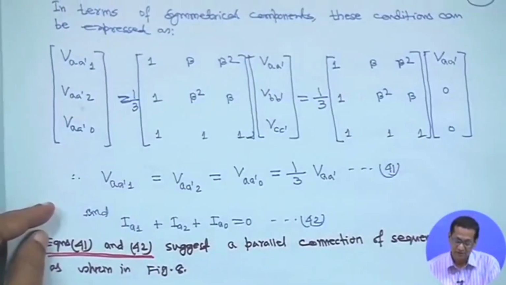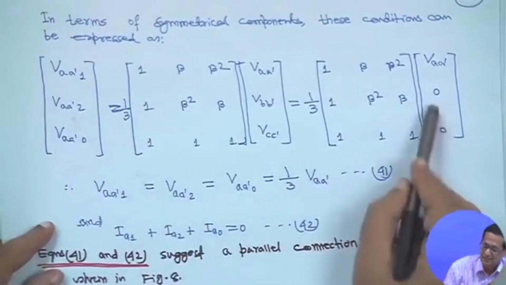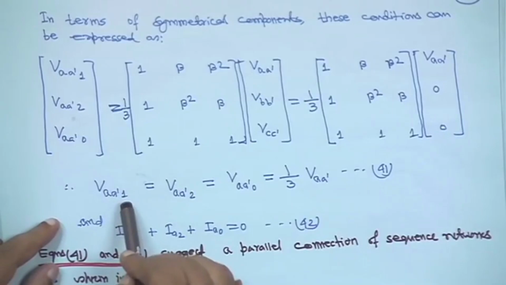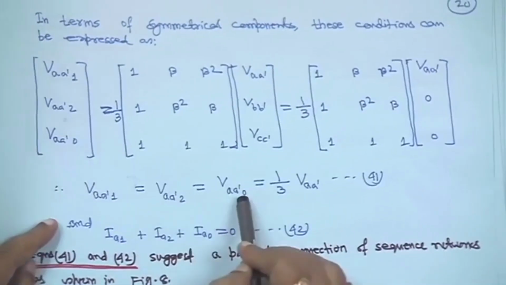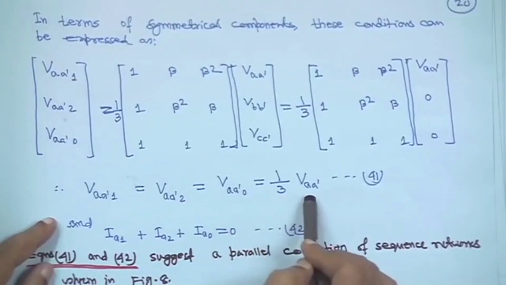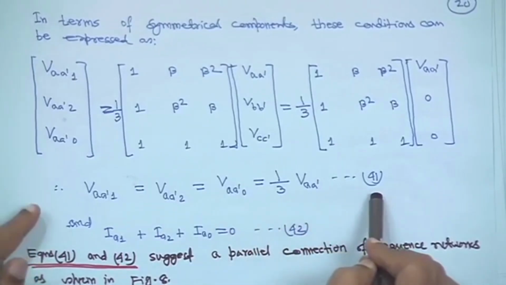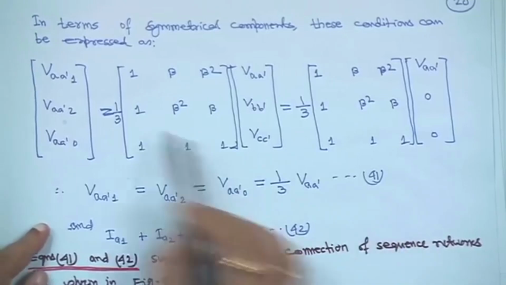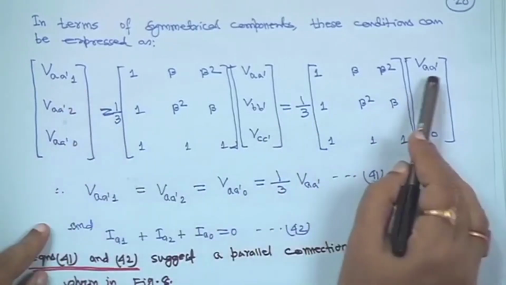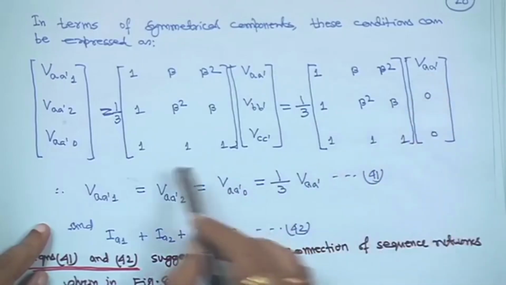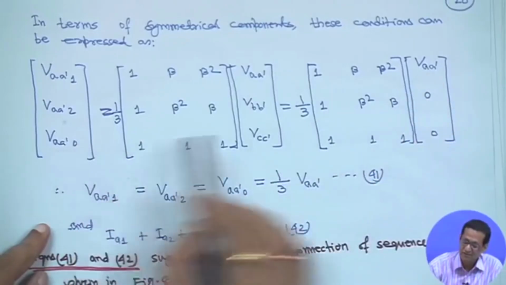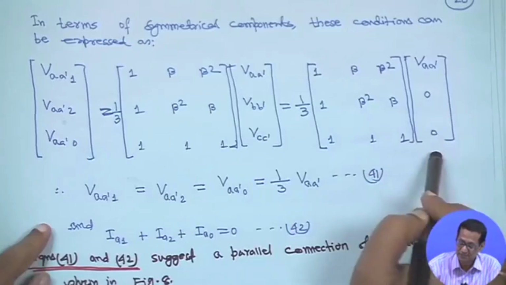Therefore, we can write V A dash 1 is equal to V A dash 2 is equal to V A dash 0 is equal to 1/3 V A dash. This is equation 41. The reason is very simple: V A dash 1 is 1/3 V A dash, V A dash 2 is again 1/3 V A dash, and V A dash 0 is again 1/3 V A dash, because these two are 0.